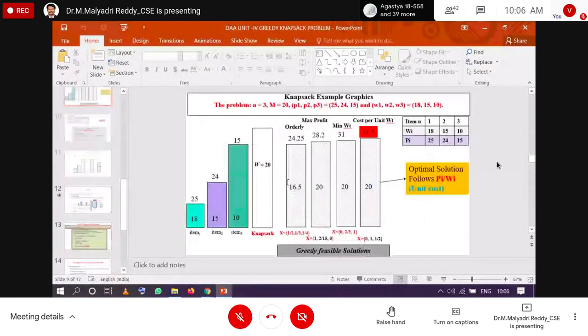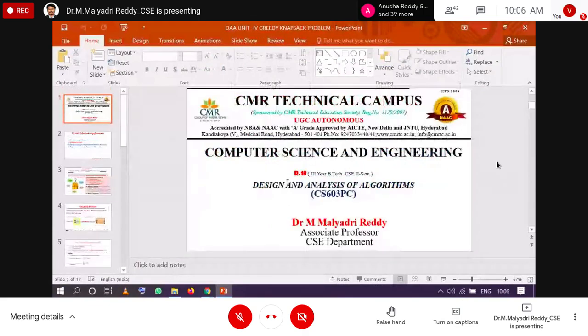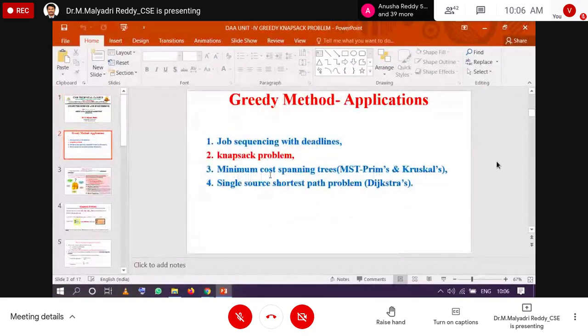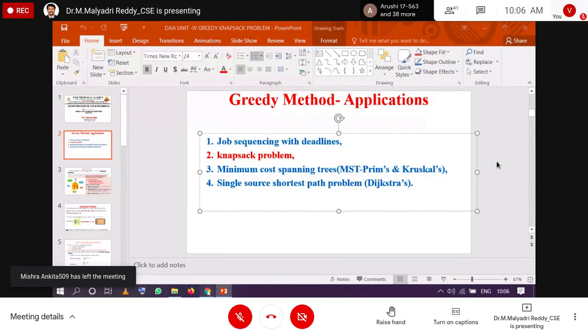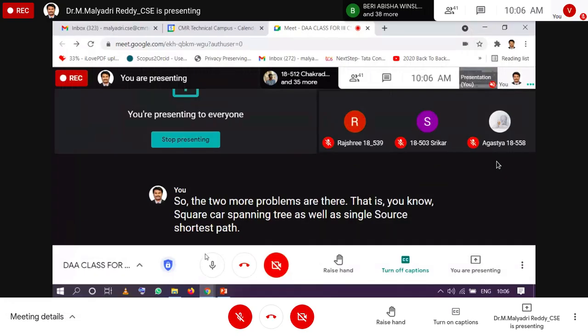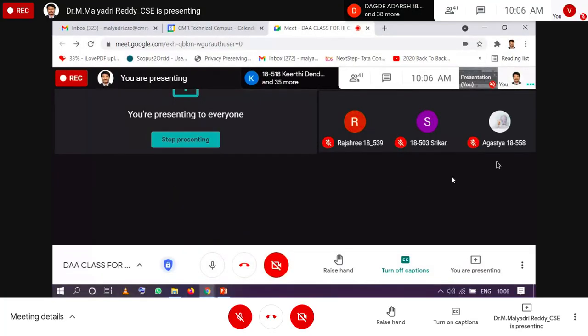So two more problems are there. That is minimum cost spanning tree as well as single source shortest path. Any doubts from knapsack?